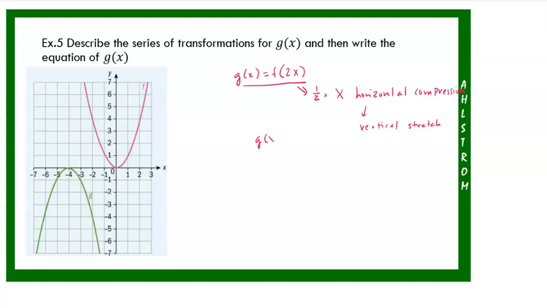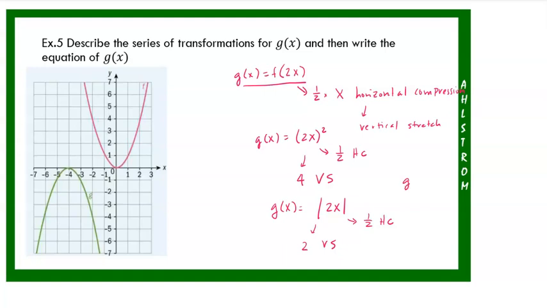If it was g of x equals the 2x to the second, now that scale factor of 1/2 in a horizontal compression, if I take it out, becomes a 4 scale factor of a vertical stretch. If it was an absolute value function, that 1/2 horizontal compression, if I take it outside of the function, becomes a 2 scale factor of a vertical stretch, because you just take the 2 out of the absolute value.